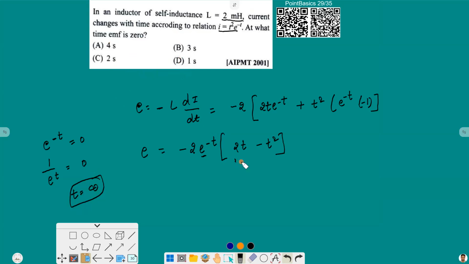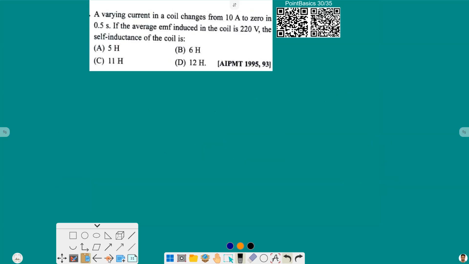So then we reduce this other term to 0, and this term will be 0 when 2t minus t square is equal to 0. So 2t is equal to t square and t is equal to 2 seconds. That is the possible option, option C. Now let's move to the next one.